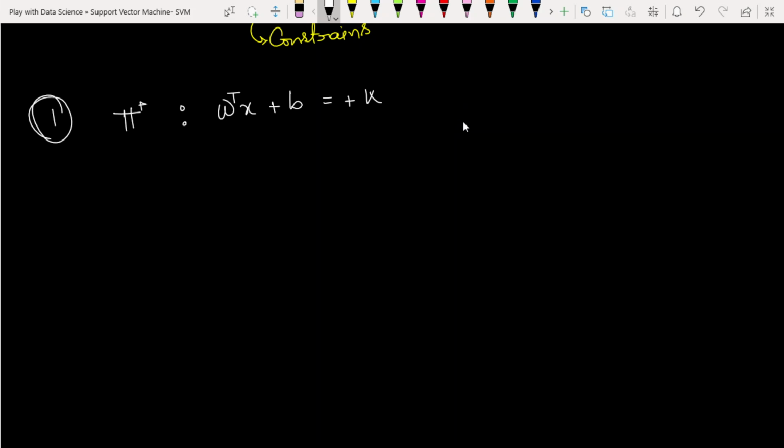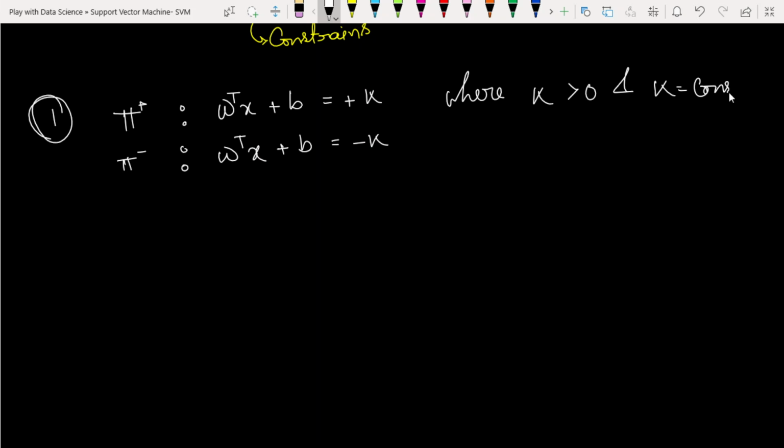Let's first write it down: suppose pi plus is here and our pi minus is equal to minus k, where k is any number greater than 0 and also a constant.